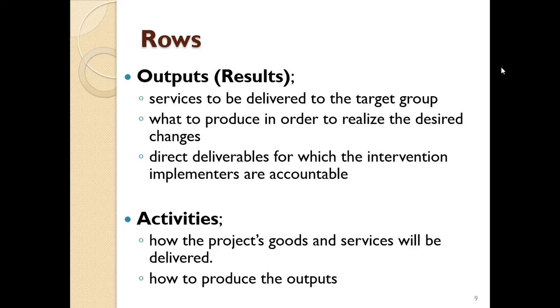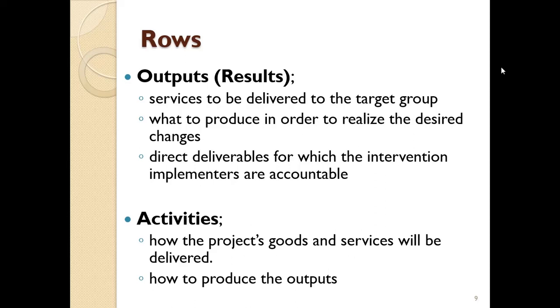Take an example, maybe a certain community is experiencing a shortage of clean water, and therefore you intend to improve access and use of clean water among that community. In that case, you could decide to construct boreholes or extend tapped water to this community.